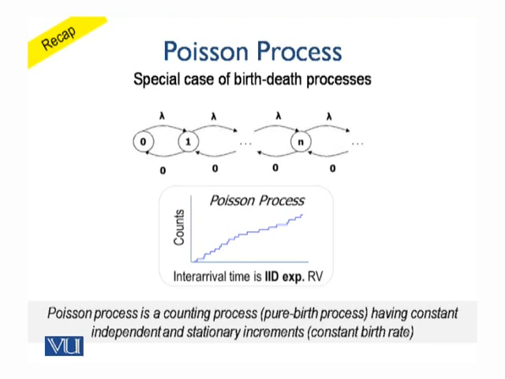So in summary, a Poisson process is a counting process. It is a pure birth process in which there are no deaths, so you will only keep going upwards, and it has constant, independent, and stationary increments. Another important point is that the inter-arrival times are IID, which means independent and identically distributed from the exponential distribution.